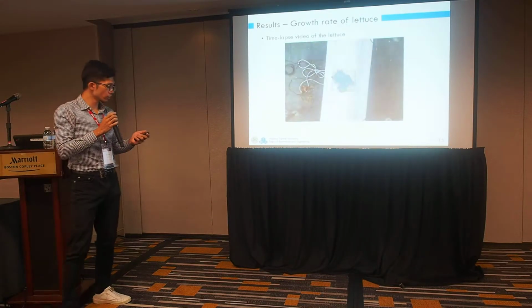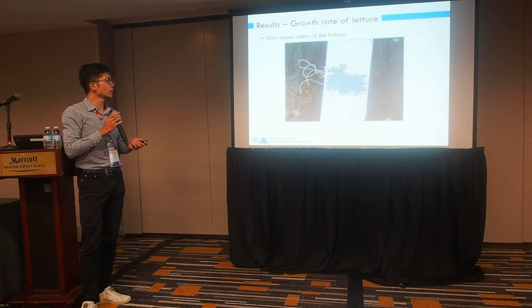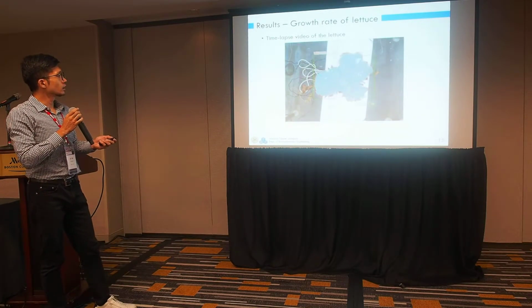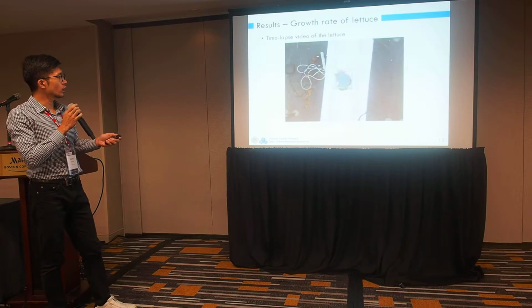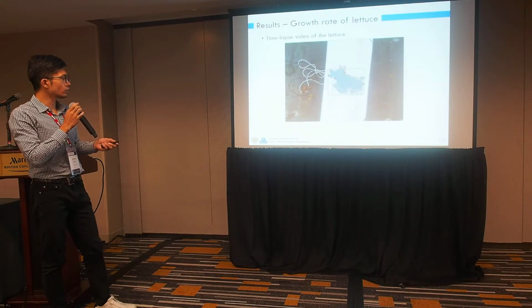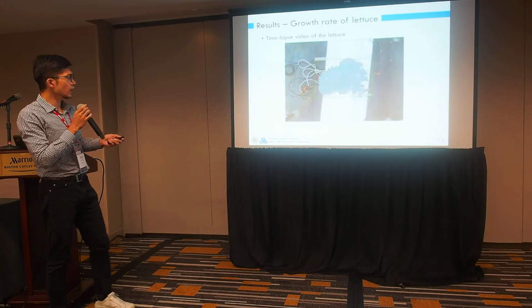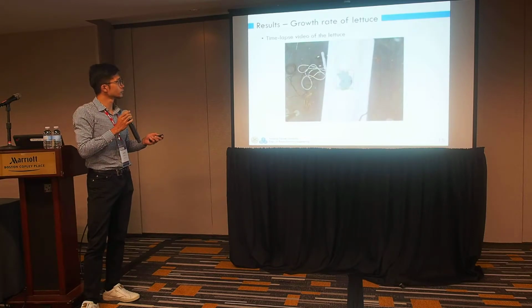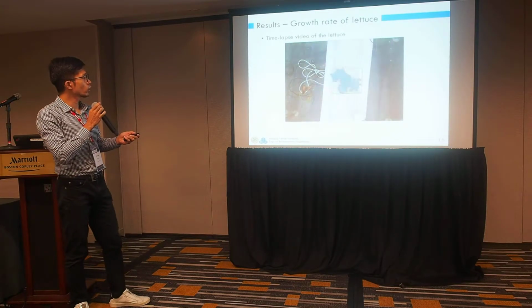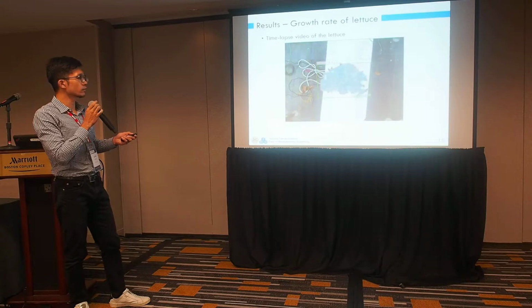So here's a brief time-lapse image of the lettuce. You can see that the masks are just like the age of the leaves, and I've shown the exact area in the left corner.